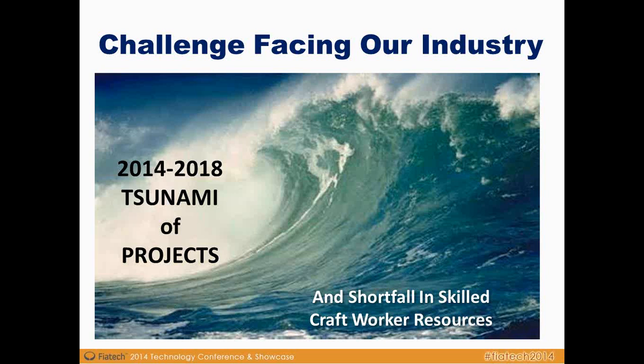There's not going to be enough fabricators. There's not going to be enough shops. There's not going to be enough engineering talent to actually handle all these projects if we continue to do things the way we've always been doing things. So the challenge today is to rethink, to use technology, to automate, and see what we have to do to meet this challenge. Next slide.